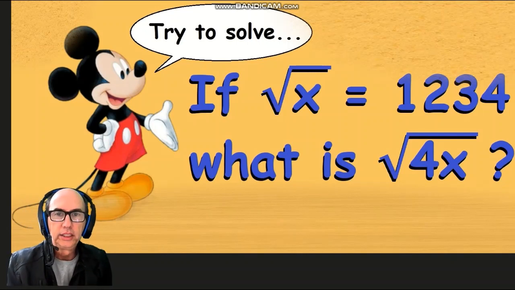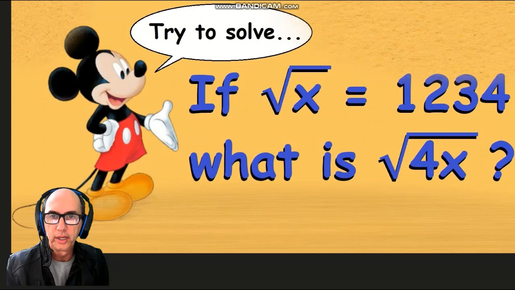Today's challenge, since we're talking about radicals, has to do with a square root. If the square root of x equals 1234, what is going to be the square root of 4x? It looks kind of confusing and complicated.